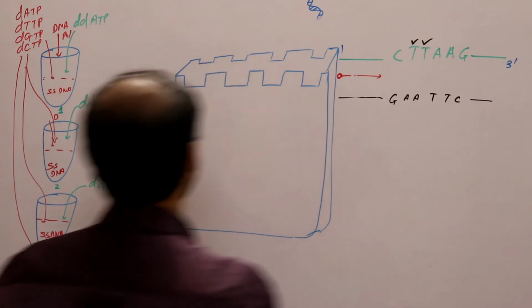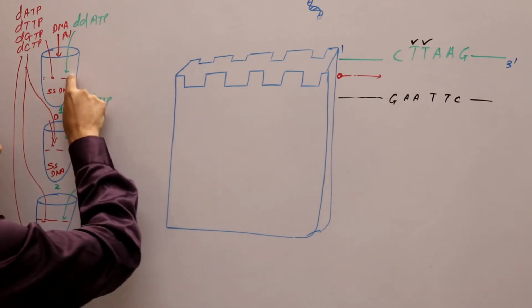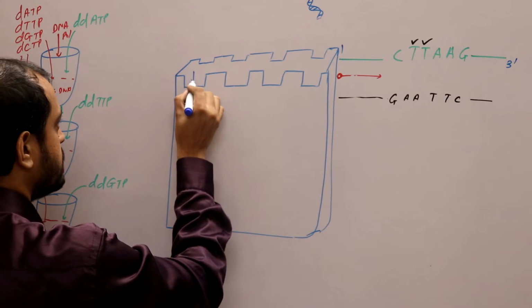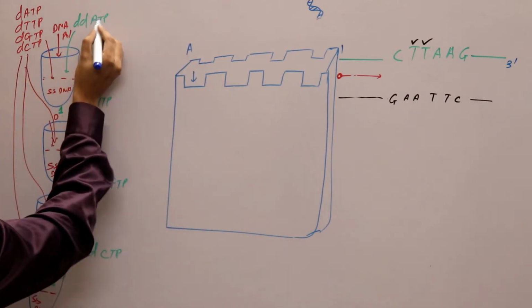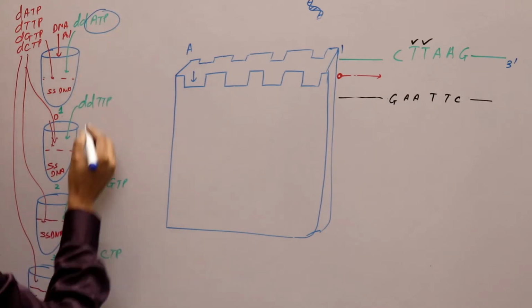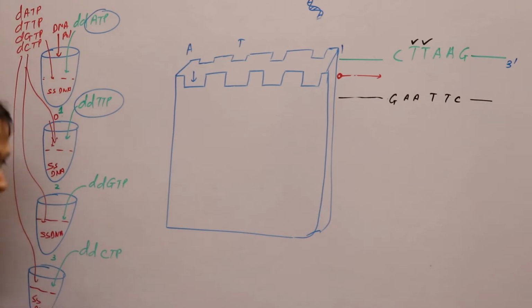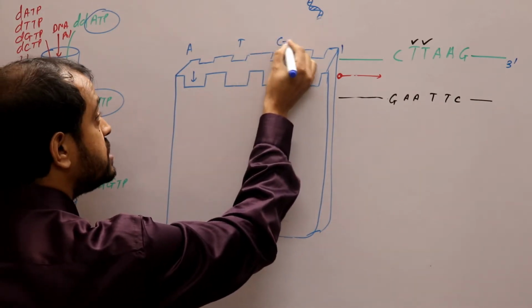Clear? In an acrylamide gel. Now listen with all your attention. We will not add the contents of these test tubes randomly. What we will do is, we will add in this lane only A's. That means where ddATP is poured. We'll add in this lane where ddTTP is poured. We'll add in this lane where G is.